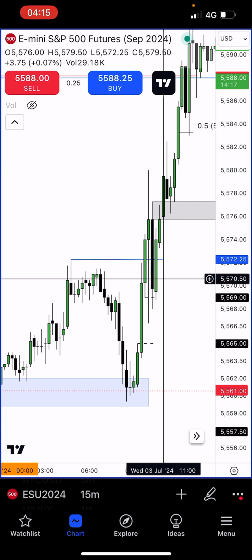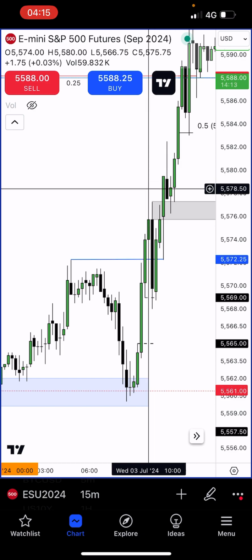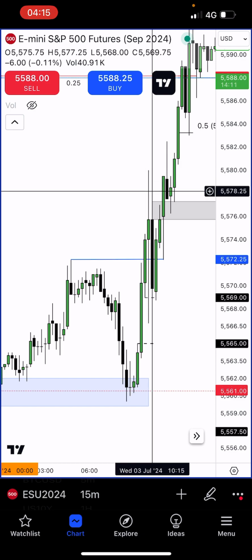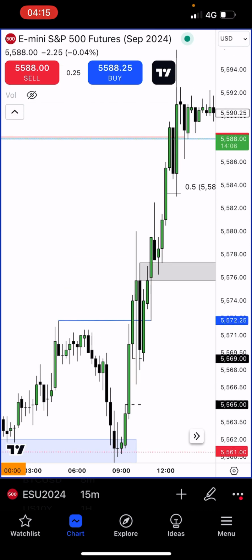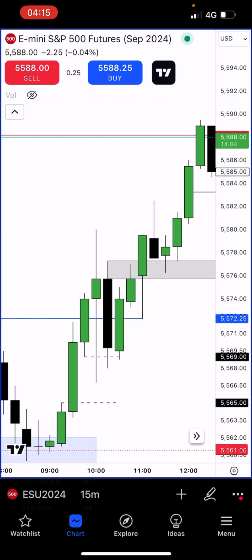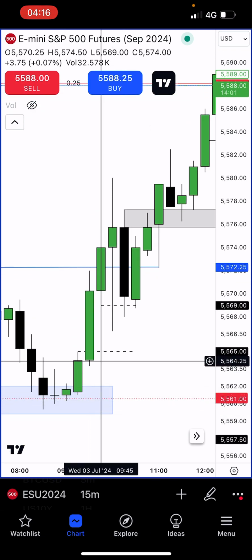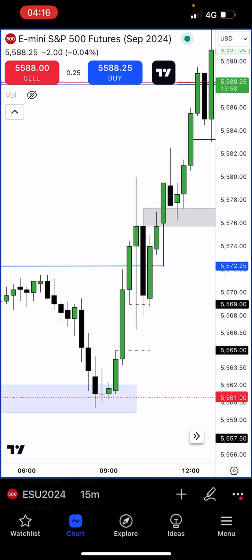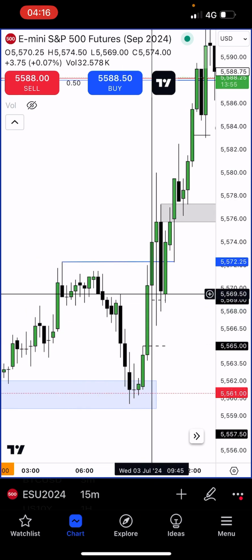But let's say I was to miss this order. Price rallies above these highs, and then I want to see a retracement into this last down close candle in the overall uptrend movement. You need to understand that 572, which is London's high, has already been taken out.